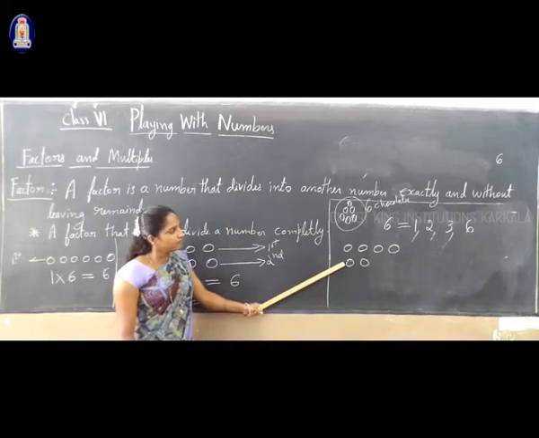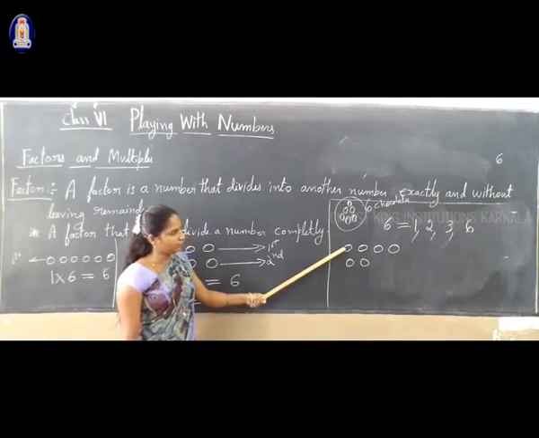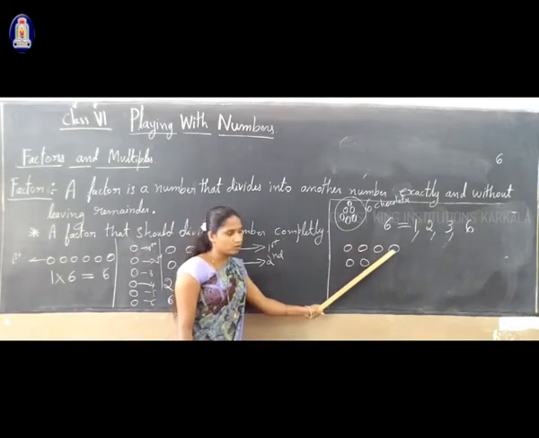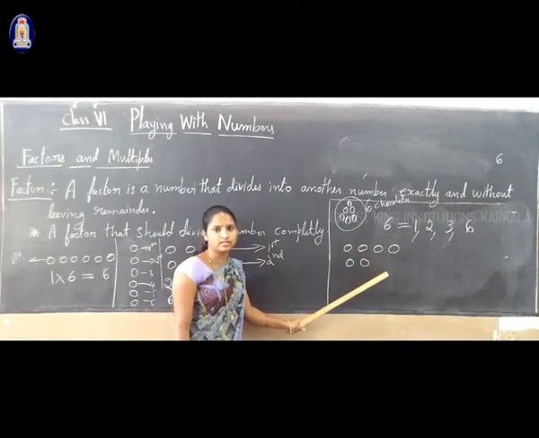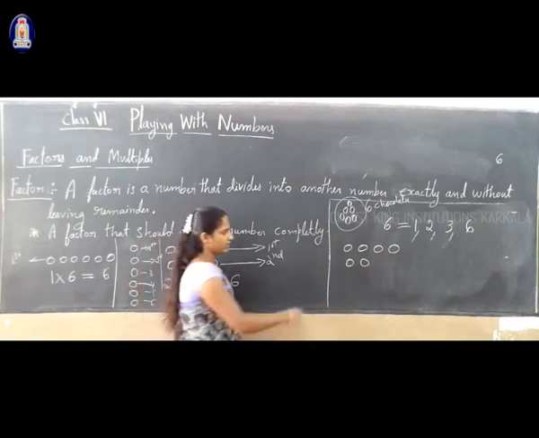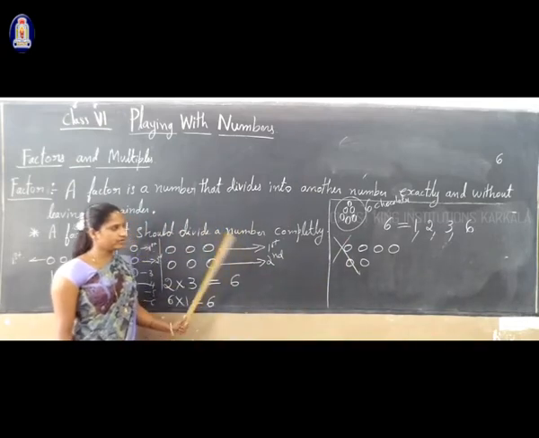The rule is you have to arrange the chocolates equally in each row. If you keep 4 chocolates in the first row, only 2 remain. So can you arrange like this? No, this is not possible. So you have to arrange equally.